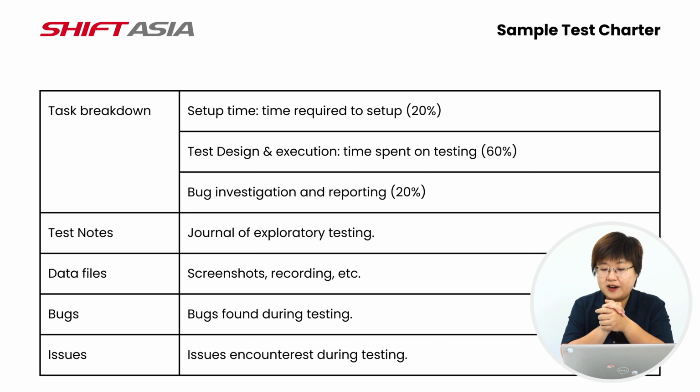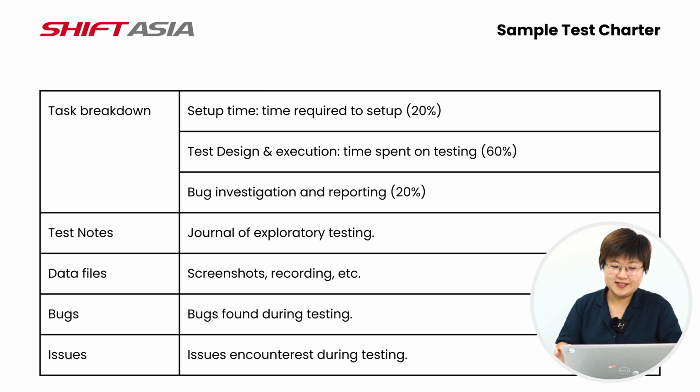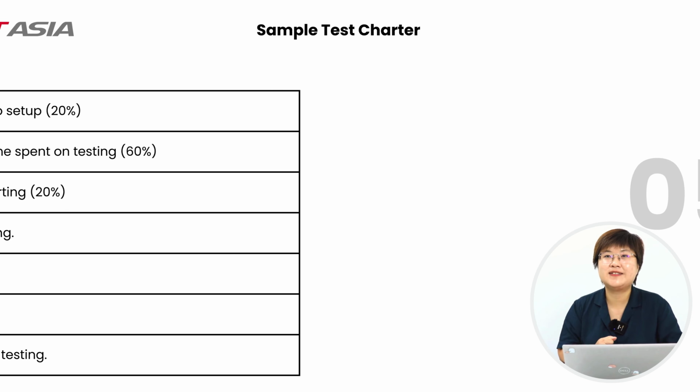After writing all the findings in the bug report, the final step is to compare the actual findings with the expected result written in the test charter, and finish the test summary report. So that's an example of one round of exploratory testing.